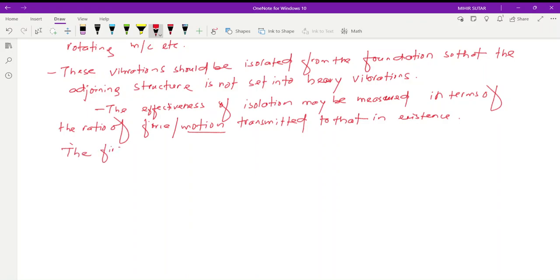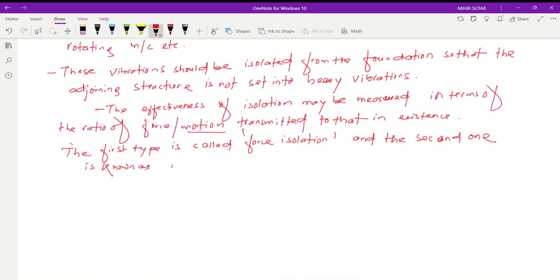Okay, so the first type is called force isolation, and the second one is known as motion isolation. Okay.